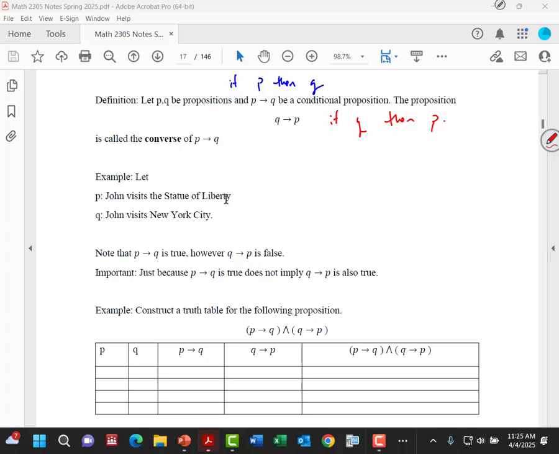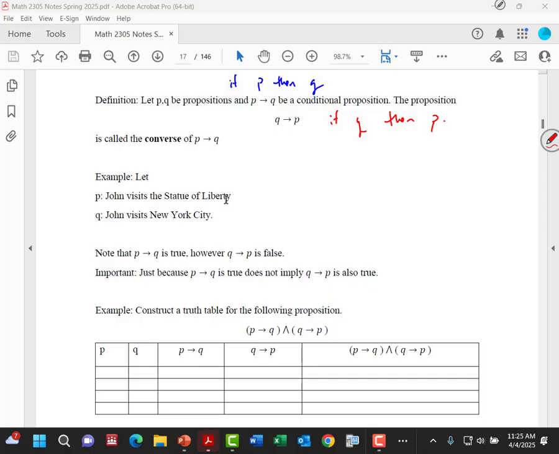Meaning, just because John visits New York City does not imply that he visits the Statue of Liberty. There are lots of other places that I could visit in New York City other than the Statue of Liberty. So this is a very important thing to notice, that just because P implies Q is true does not imply Q implies P is also true.